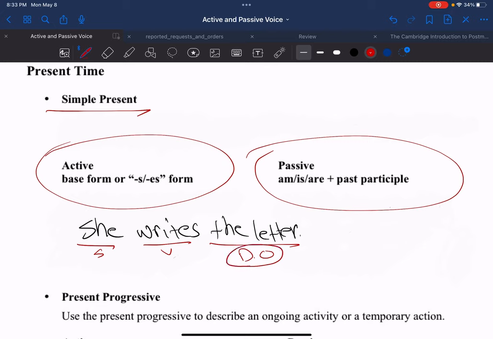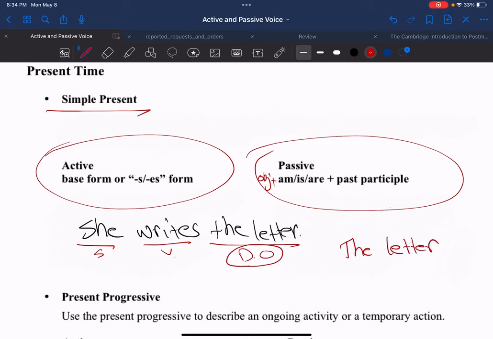In this case, just object, because the rule to passify present simple tense is, by the way, object plus is, am, or are plus past participle. The past participle is something that is very much used above everything else in passive. How do we do this? We bring the direct object, which is the letter.